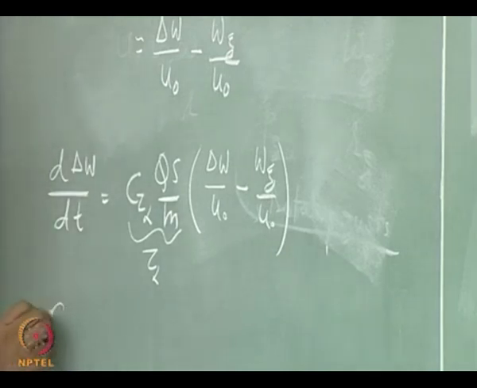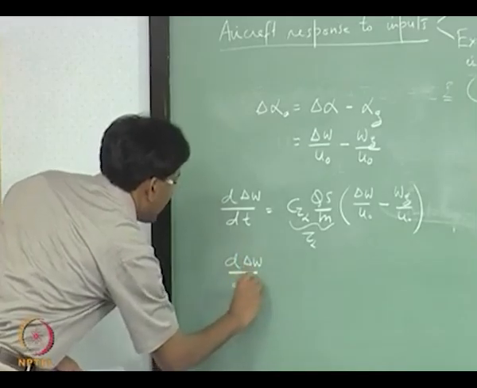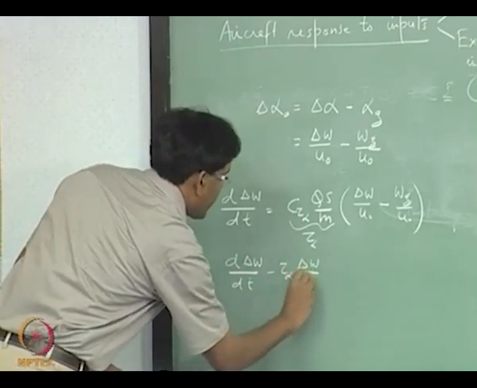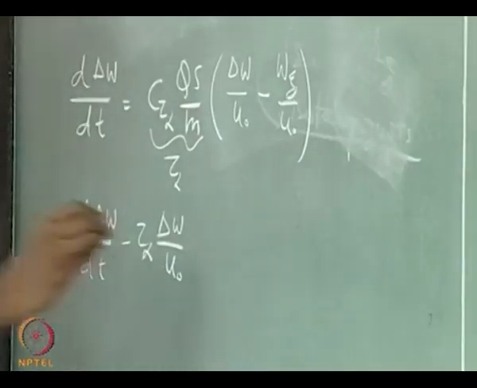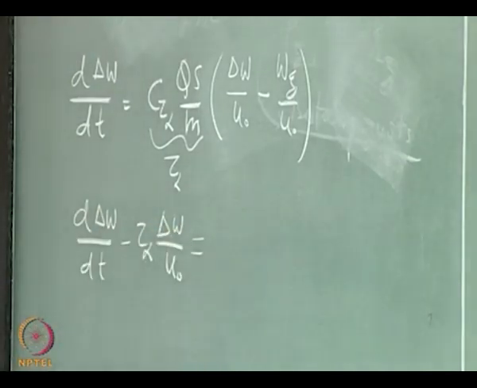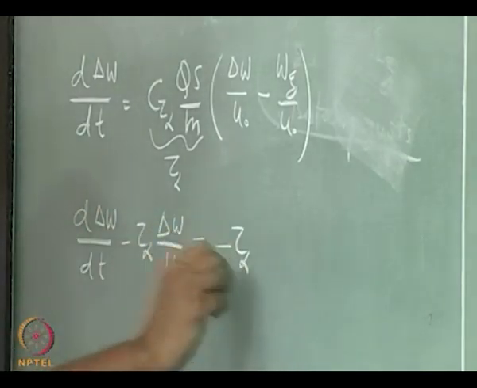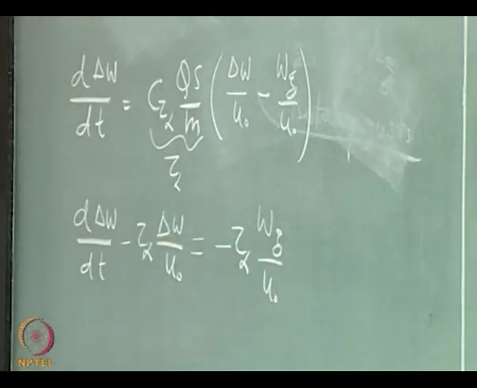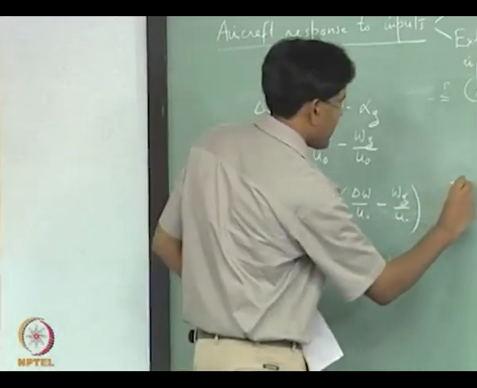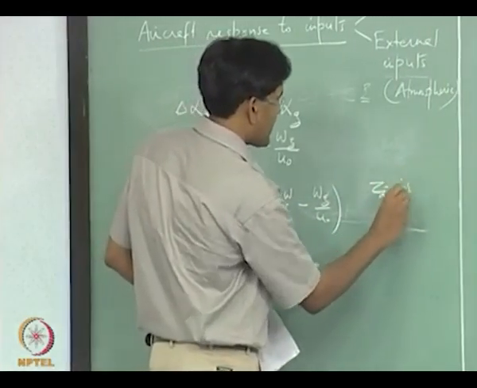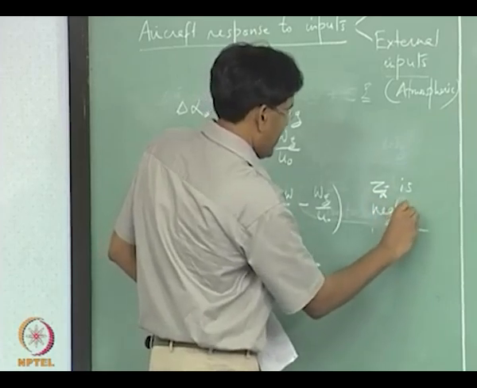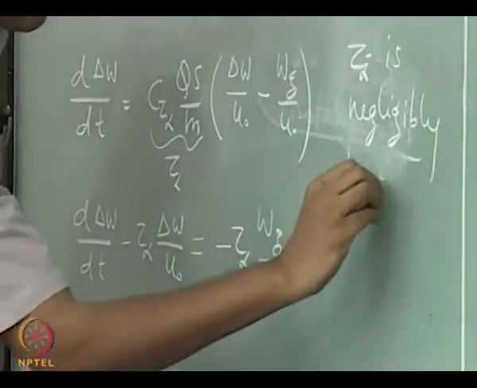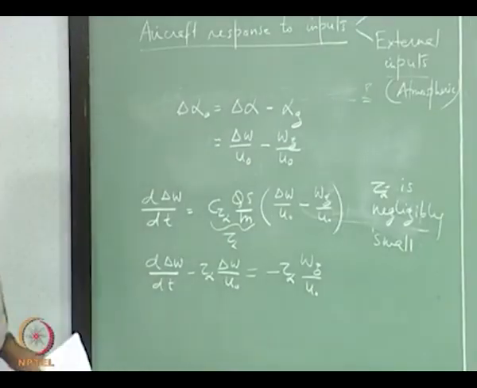So, what you have is, remember what we are assuming here is that this z alpha dot is negligibly small and we can ignore the second term.